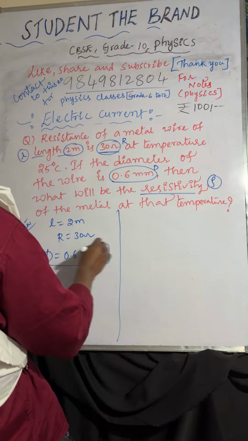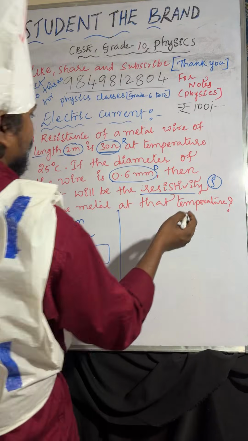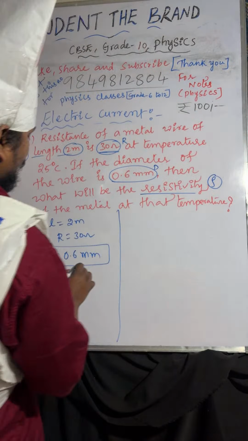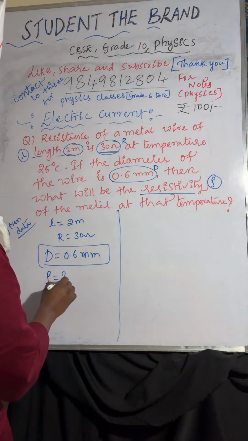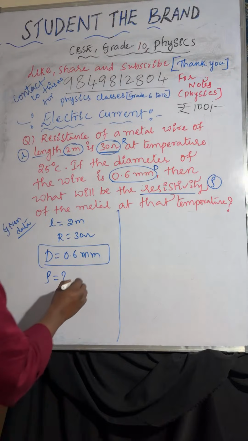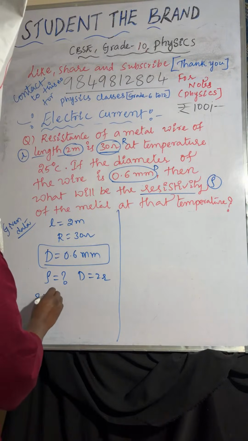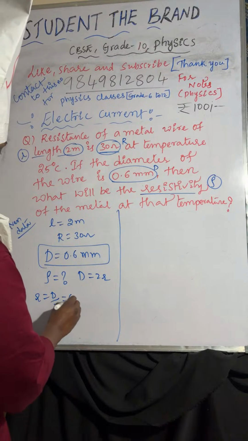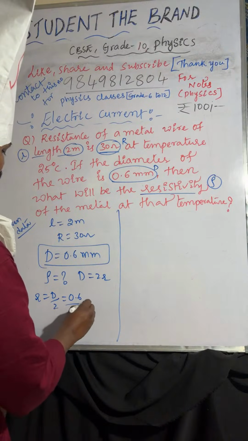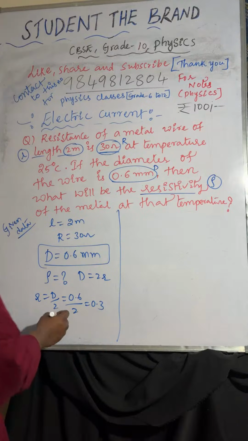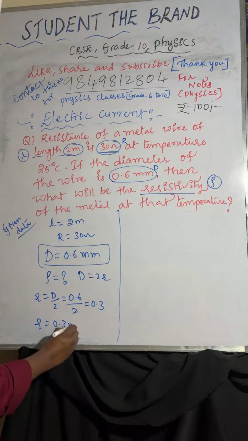So here is the point, we need to convert into meters. Then we have to find out the resistivity, so rho we have to find out. Diameter D equal to 2R, R equal to D by 2, that is nothing but 0.6 by 2, 0.3 mm.